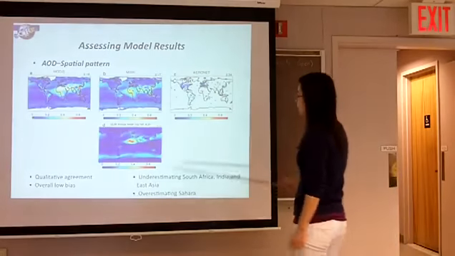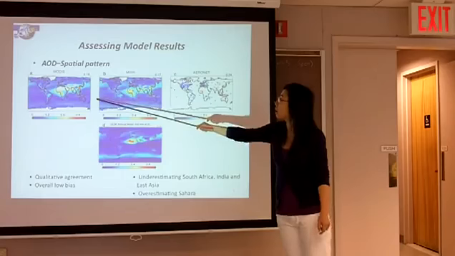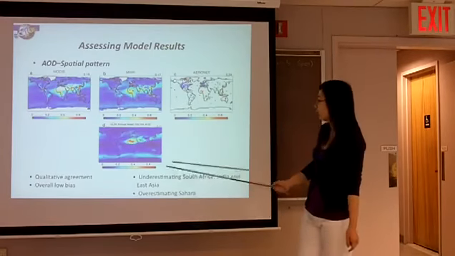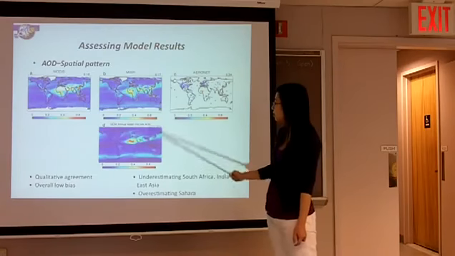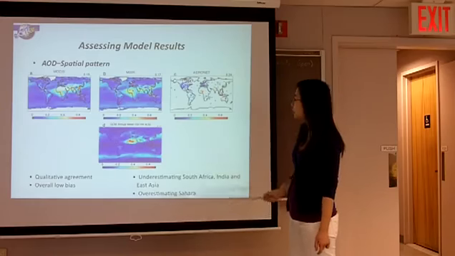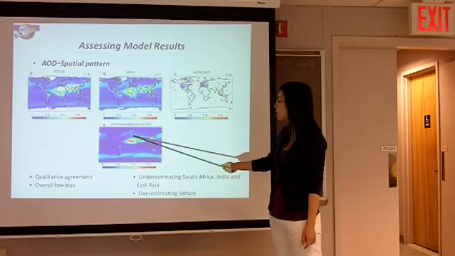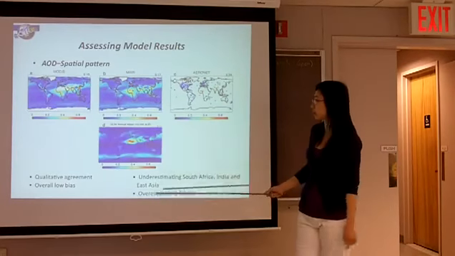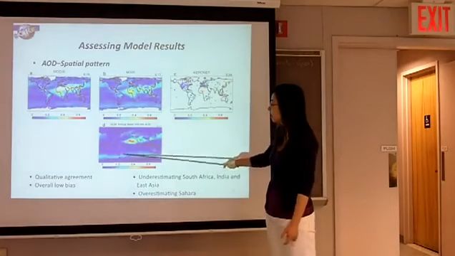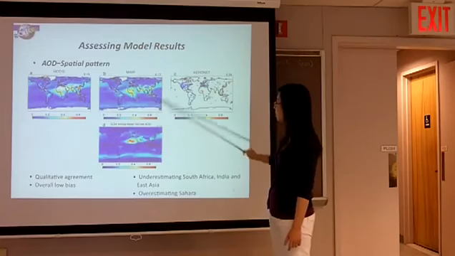So this shows how this model's aerosol optical depth field compares with ModelE, satellites, and AERONET. In general, they have similar patterns here and also here, but we probably have a little bit of overestimation over the dust regions, and also some underestimations, especially over the absorbing aerosol regimes like South America here, South Africa here, and also East Asia.